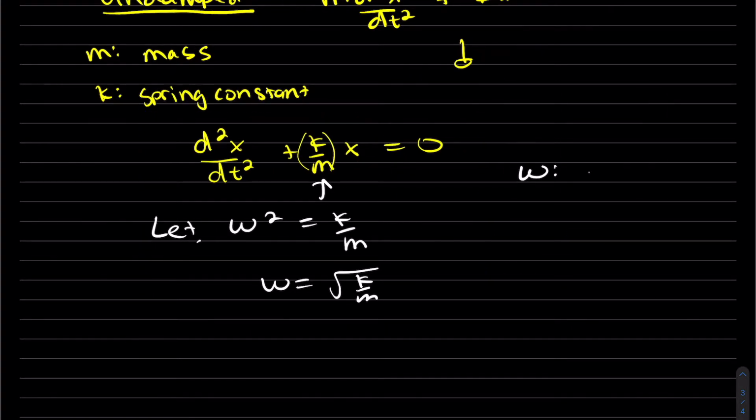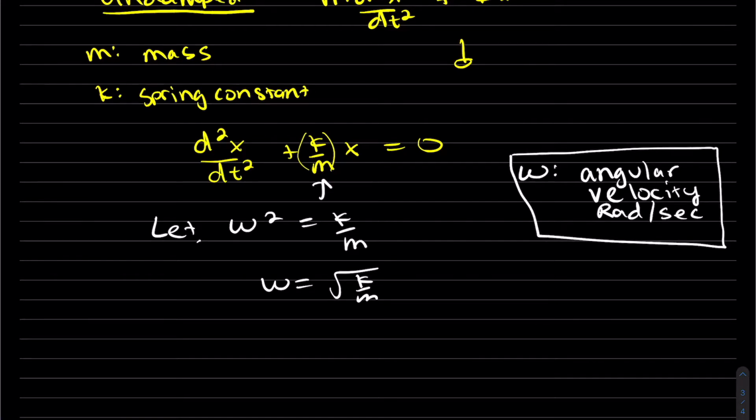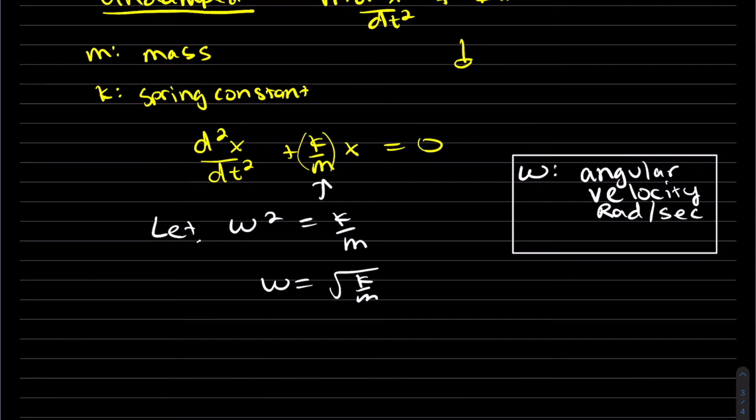Omega is angular velocity, and it's measured in radians per second, angle per second. So again, that is the angular velocity that you might have studied in trig or physics. It's the same one. Pretty cool, actually.